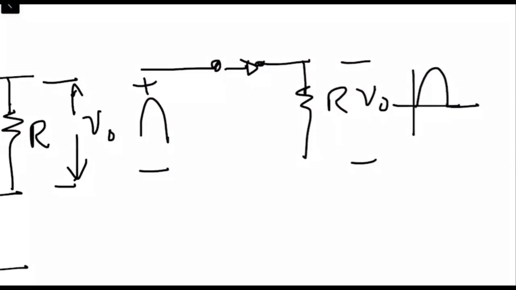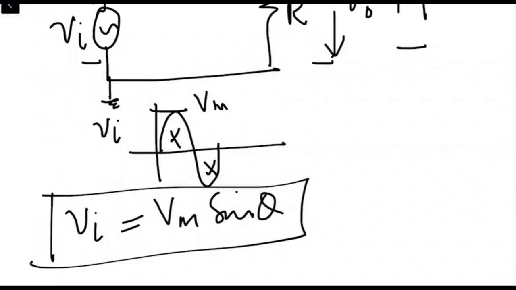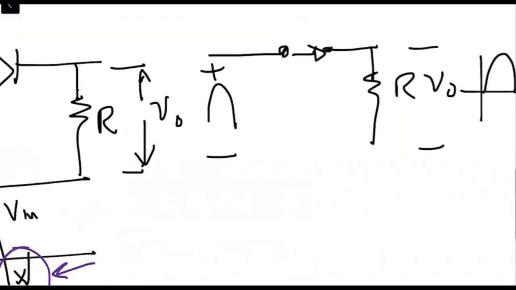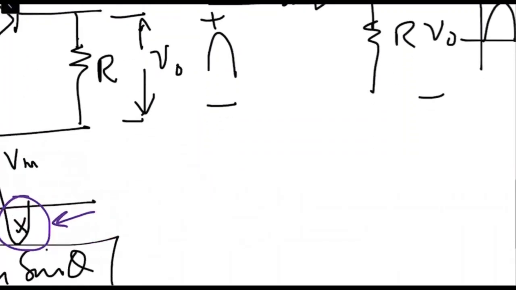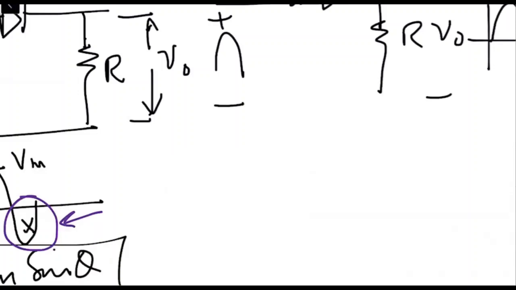Now, when the negative half cycle comes, what will happen? At that specific point, the diode behaves as an open switch, right?